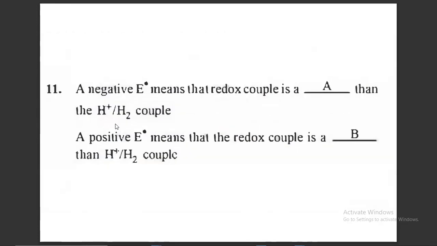Question number 11. A negative standard reduction potential means that the redox couple is A, B... you are asked to find A and B. Now, looking at this question, a negative standard reduction potential means it is a stronger reducing agent or weaker oxidizing agent, and vice versa.